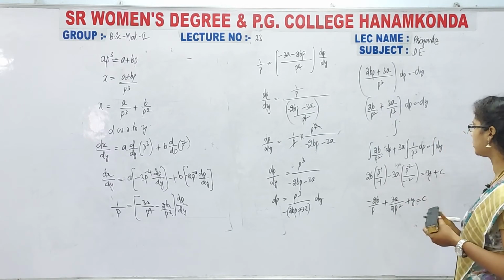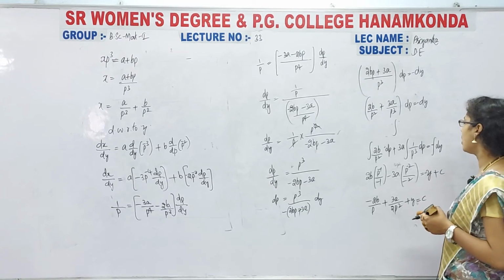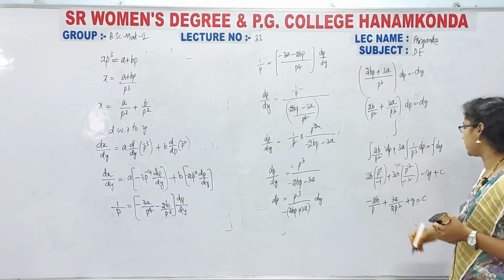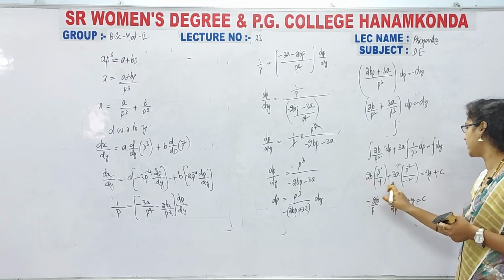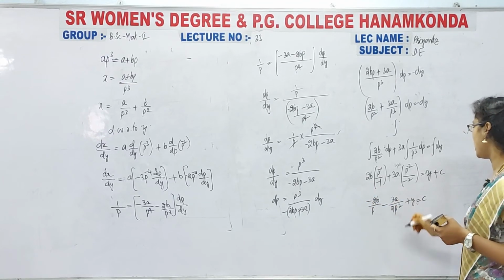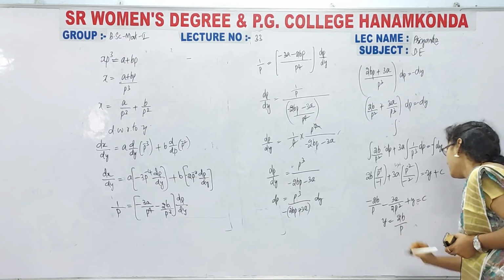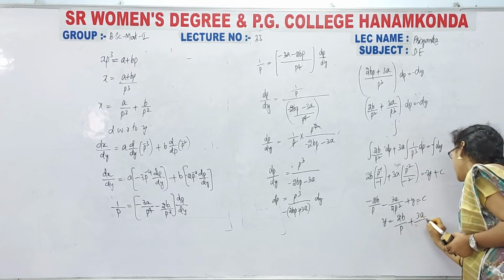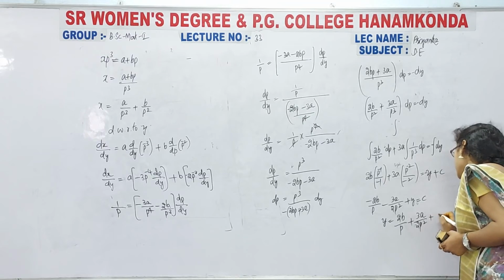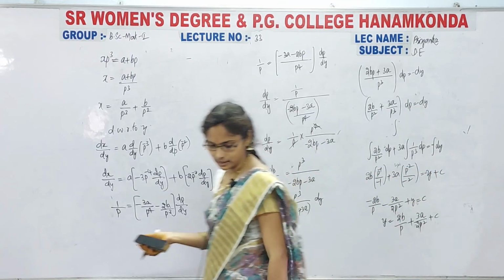Otherwise you can write it as y equal to so on. Sorry, it is plus, and now it is nothing but here minus, plus into minus, minus, and y. So now y equal to 2b by p plus 3a by 2p square plus c. So now here I have the value of y.